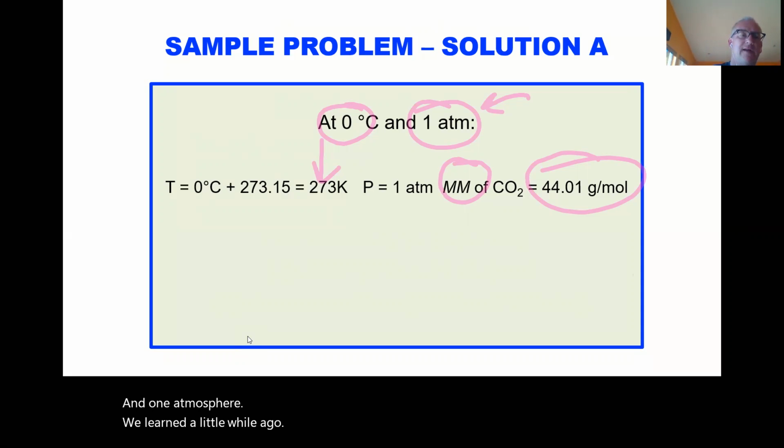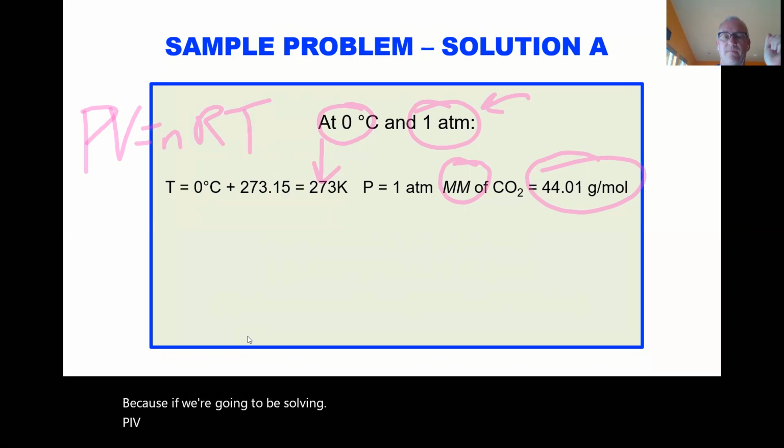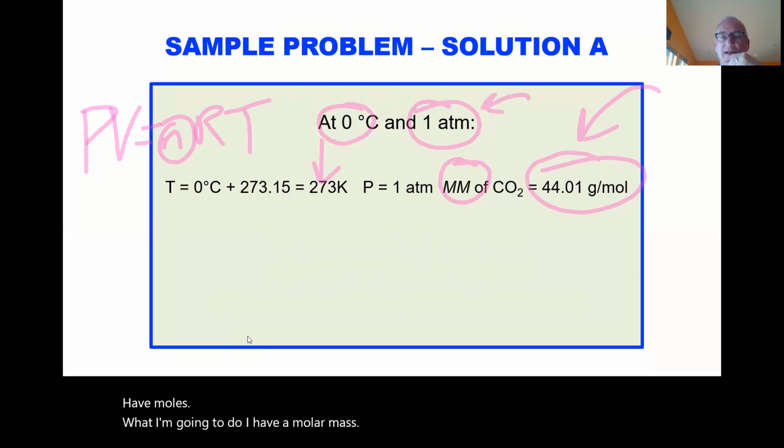Because if we're going to be solving PV = nRT, we need to know n. We need to know moles. But I don't have moles. What am I going to do? I have a molar mass, but I do have standard temperature and pressure, and that tells me something. What does that tell me?